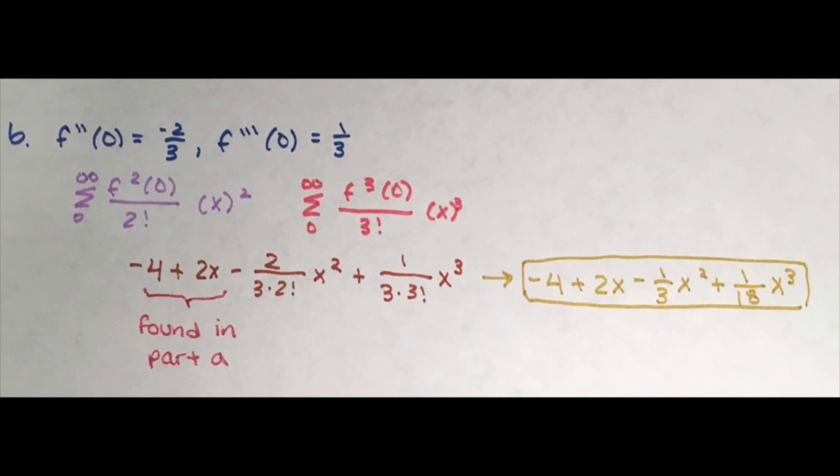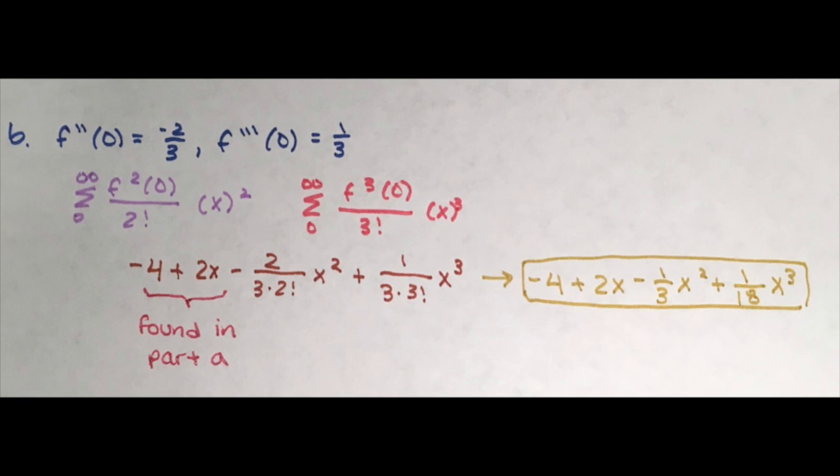However, we have to remember the Taylor polynomial formula, which is f prime of 0 over 1 factorial times x to the first power. Because we have this x to the first power, the second term is 2x, not just 2. To find the third and fourth terms of this polynomial, you can just use the formula like we did in part A. And remember, the third degree Taylor polynomial doesn't necessarily mean the polynomial has 3 terms.